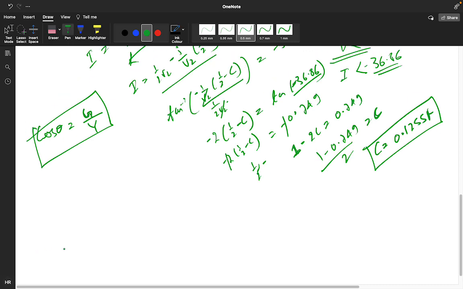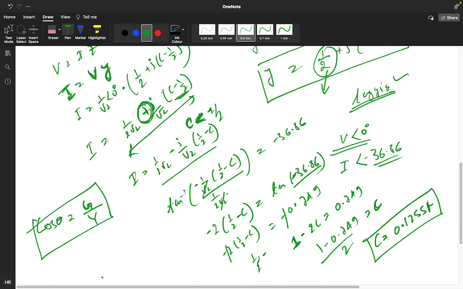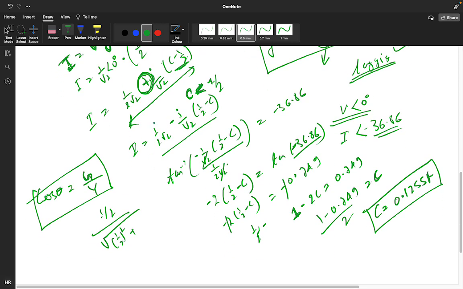Okay, so G will be 1 by 2, divided by root under, Y will be (1 by 2) whole square plus (C minus 1 by 2) whole square, and cos theta value you have to put 0.8. So you can solve like this also, you will get the same result.